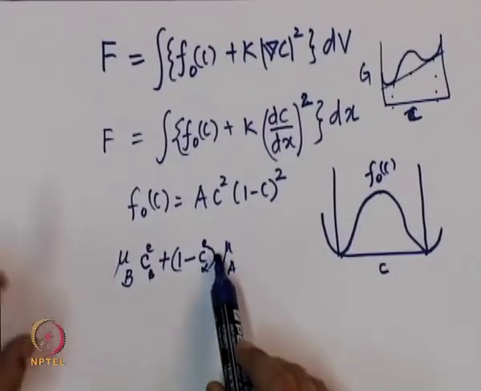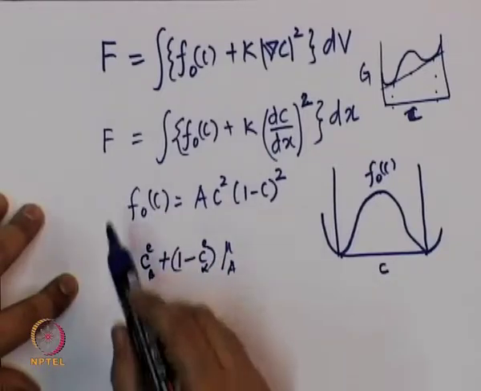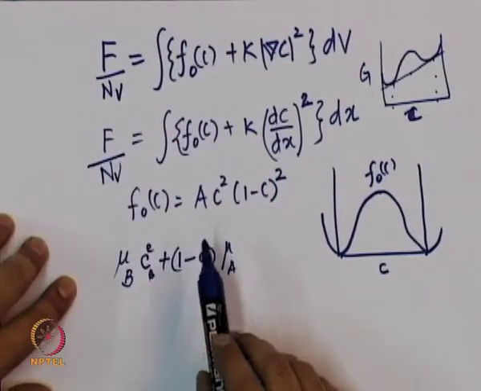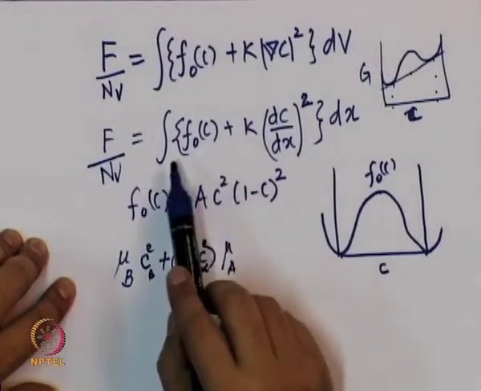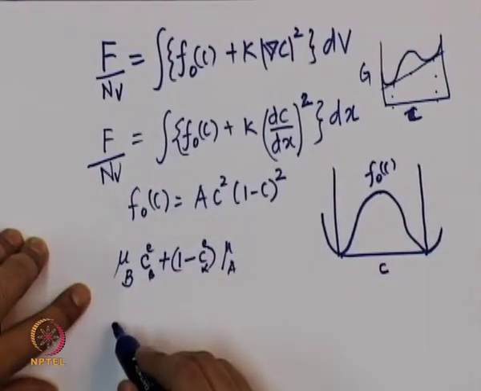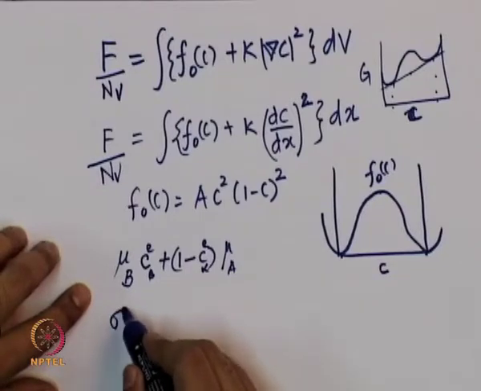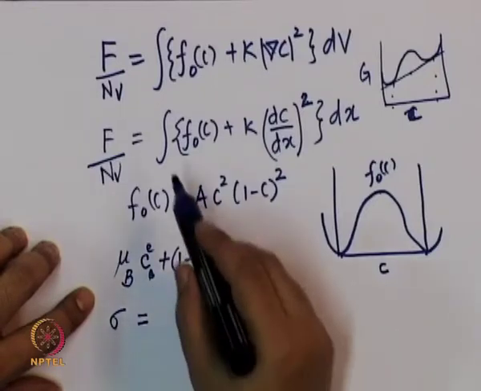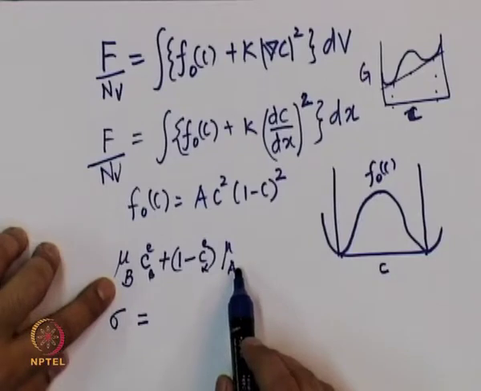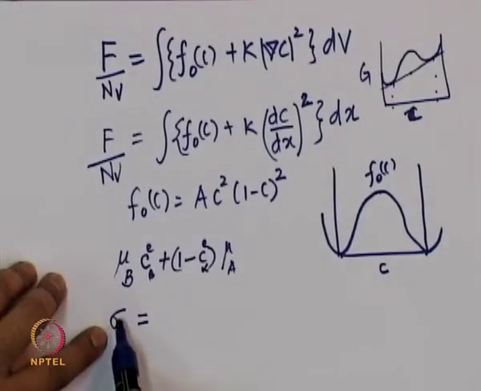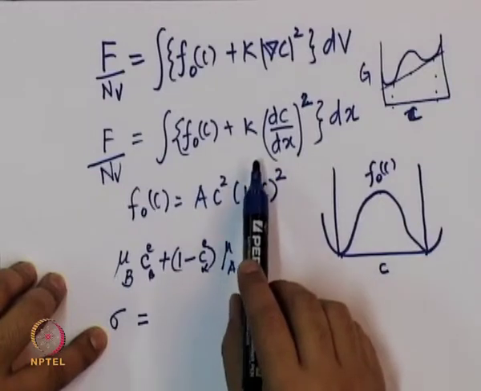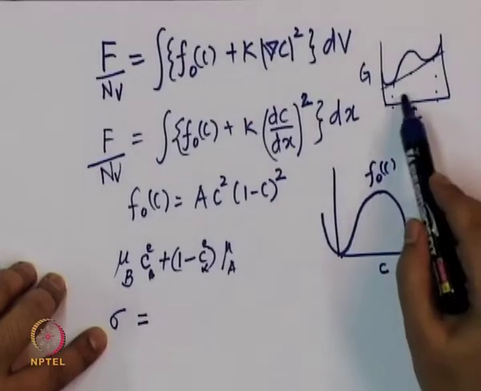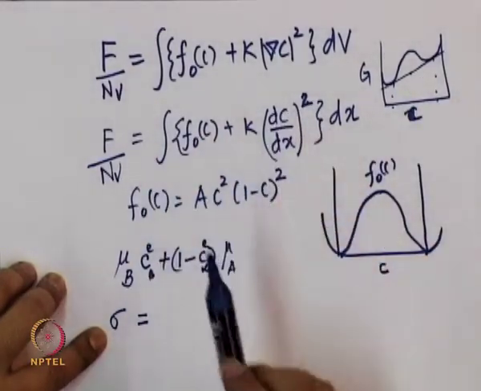In other words, like I explained in the last class, this is F by NV, per atom. So, we can see that the interfacial energy per atom, that is sigma, is nothing but F by NV, because you take this quantity and you subtract this quantity, then you get the interfacial energy, because that is the excess free energy associated with the interface, and this term is already 0. So, our reference with respect to the mechanical mixture is put at 0. So, this itself is the interfacial free energy.